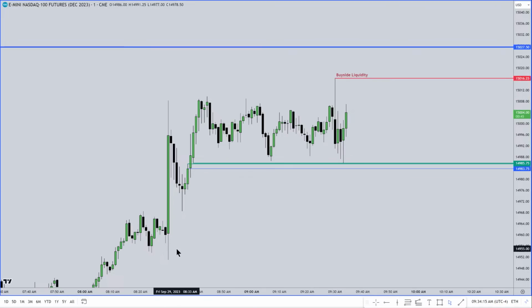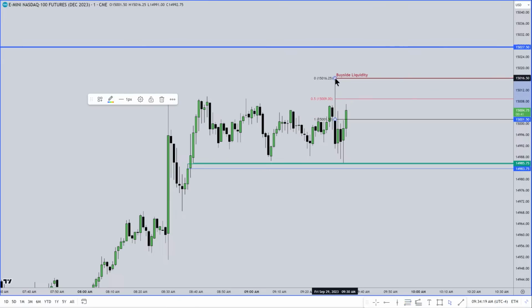Watch the consequent encroachment of the wick. We want to see it close above that. If it closes above that, we'll expect follow through.